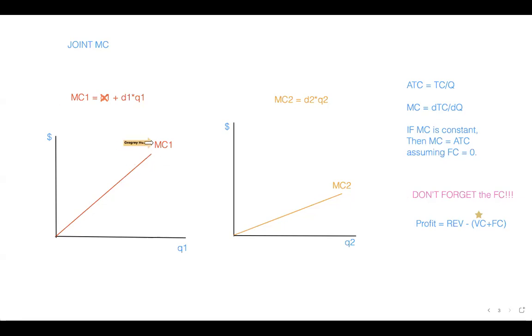This is the marginal cost for factory one, it's the marginal cost for firm one, and that's the end of the story, right? But now what we're going to do is say, well, this could represent two different factories and two different firms, or it could be two different factories owned by and run by the same business, okay?